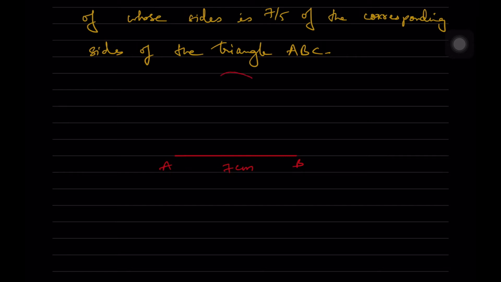Then from B one more arc which is 6 centimeters. Then join them. A to C we are joining, then B to C. BC is 6 centimeters. This is 5 centimeters.